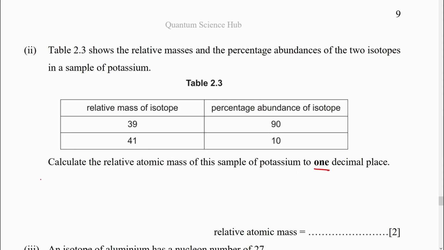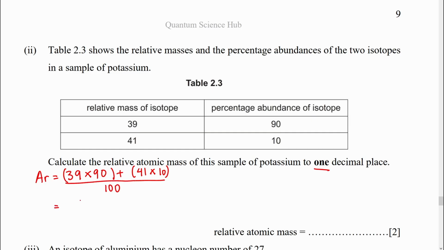Okay, if you still remember how to calculate the relative atomic mass, it is the mass times the percentage, because here they give it in percentage, right? So it's going to be 39 times 90 plus 41 times 10, divided by 100.